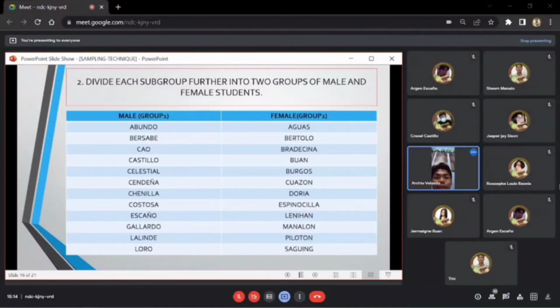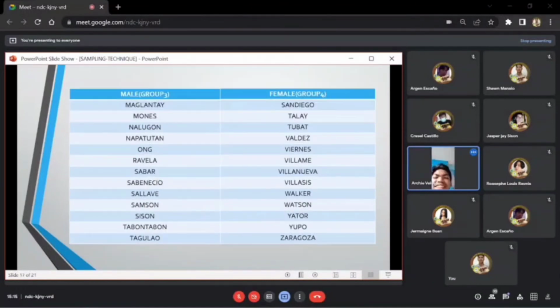In Group 2, females: Aguas, Bertolo, Rodesina, Juan, Burgos, Quason, Doria, Espinosilla, Linihan, Manalon, Piloton, and Saging. In Group 3, males: Maglantay, Mones, Nalugon, Napatutan, Ong, Ravela, Sabar, Sabenesyo, Salyave, Samson, Sison, Tabon-Tabon, and Tagulaw.